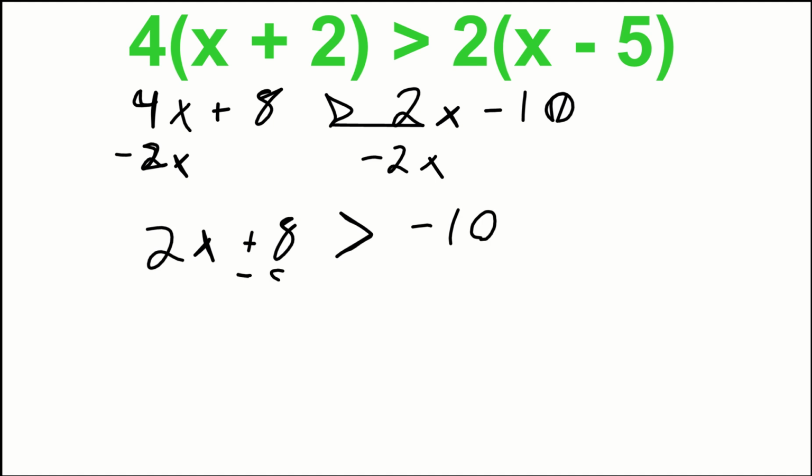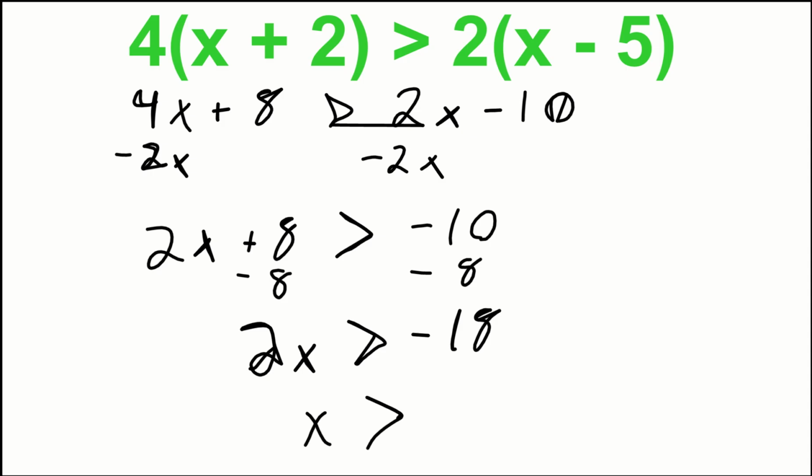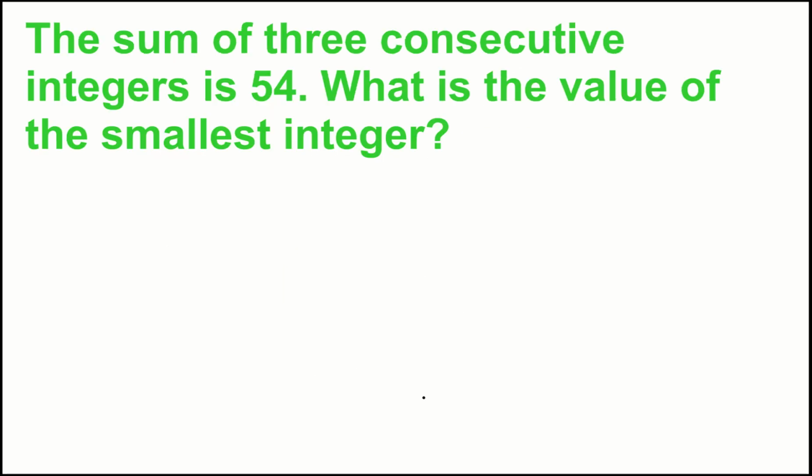When I subtract, I got 2x is greater than negative 18. So I divide, negative divided by positive. I get x is greater than negative 9. Okay? Inequalities, basically, you solve them the same as an equation.